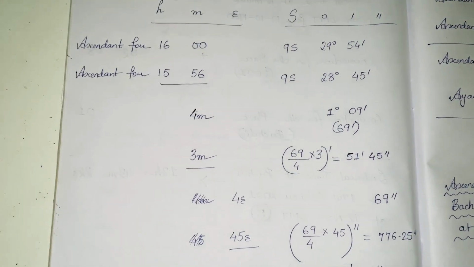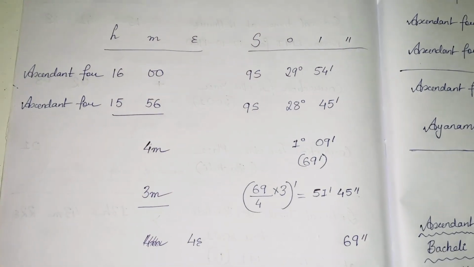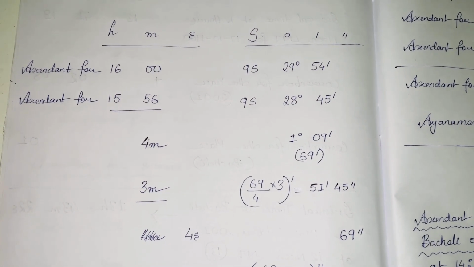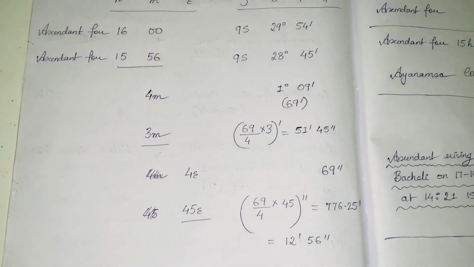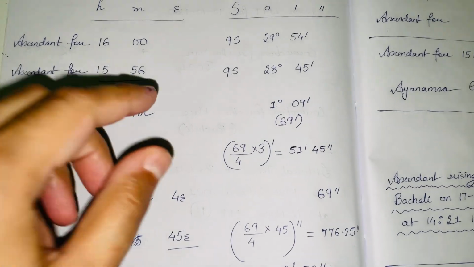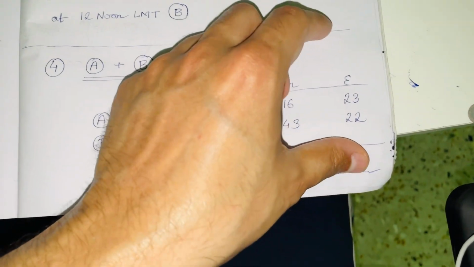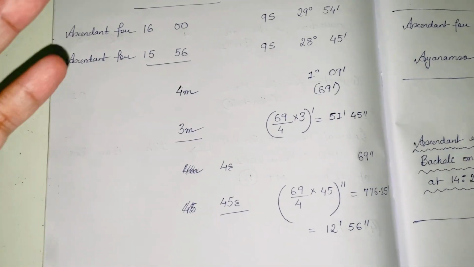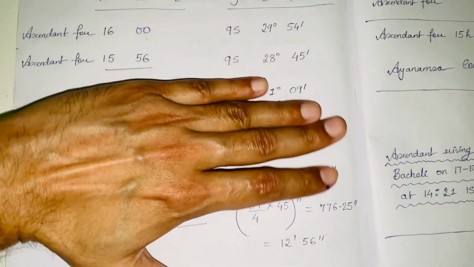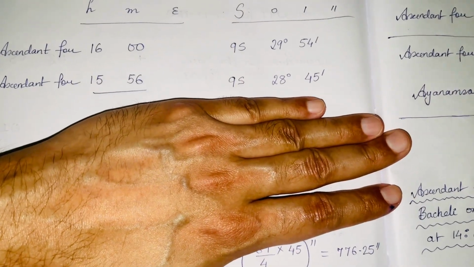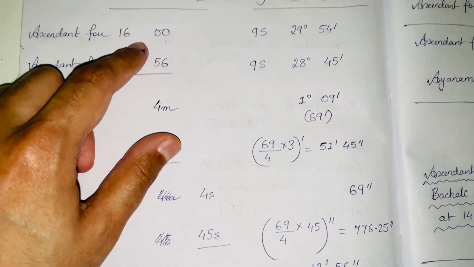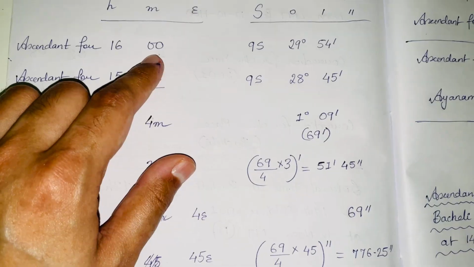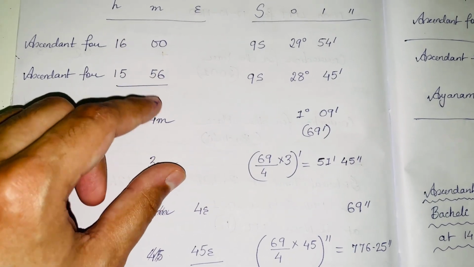Now we have written our values very properly and correctly. Now we are simply subtracting, because we need to arrive at the ascendant for 15 hour 59 minute and 45 second from these values. First subtract: 16 hour 00 minute minus 15 hour 56 minute is 4 minute.